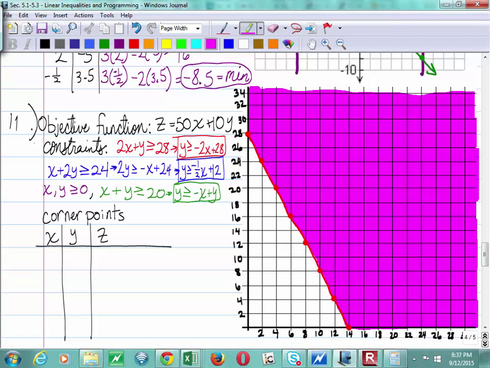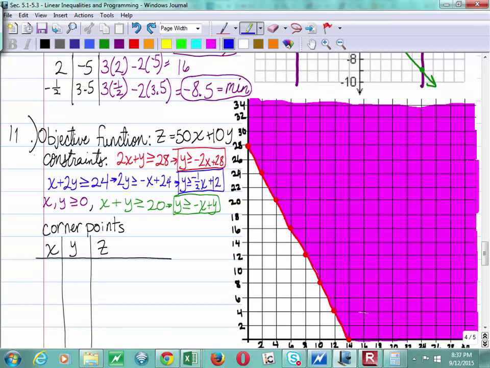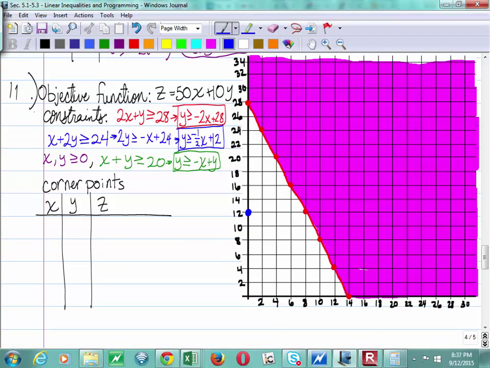Then the next one, the y-intercept is at 12, and the slope is negative 1/2, so from there I'm going to go down 1 and over 2. And it's a solid line, and we're going to shade above it.